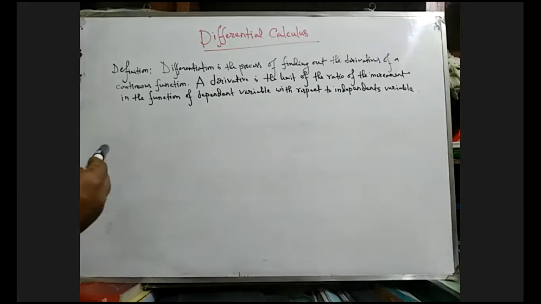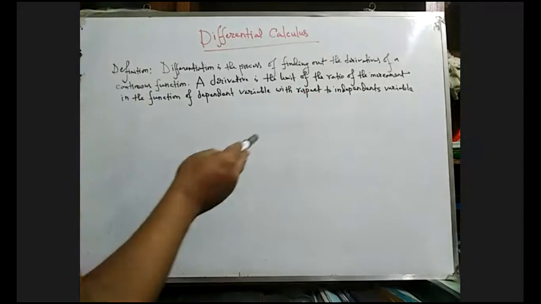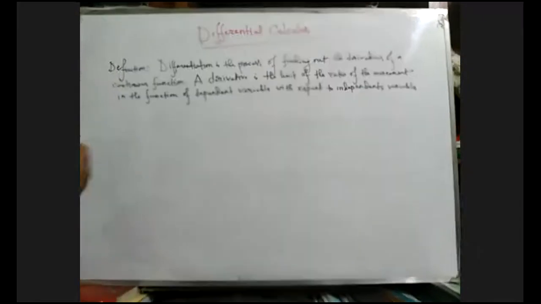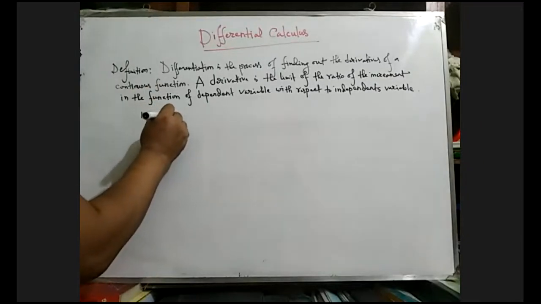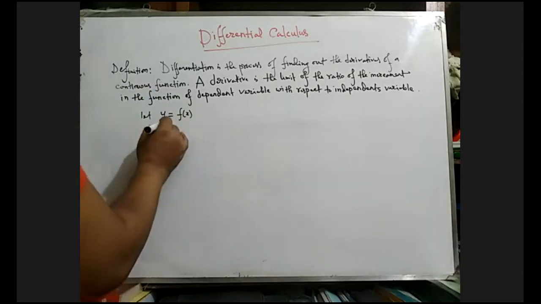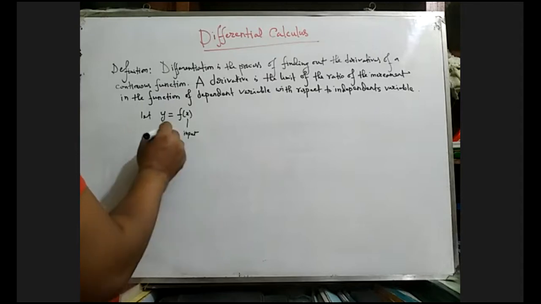Okay, and a derivative is the limit of the ratio of the increment in the function of the dependent variable with respect to the independent variable. So let we have a function y equals f of x. You must know x is the input, and y is what?